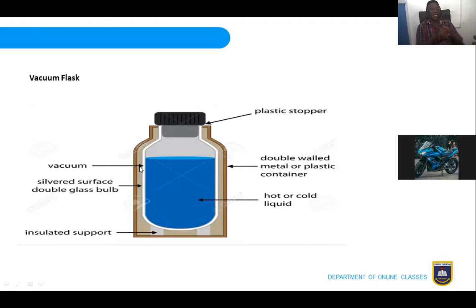But radiation doesn't require any material medium in the transfer of heat. So the vacuum over there prevents heat loss by conduction and convection because there is no material there. So heat cannot be transmitted through conduction. No, heat can never be transmitted by convection when the vacuum is present over there. So the vacuum also over there is serving a purpose. It prevents heat loss by conduction and convection.